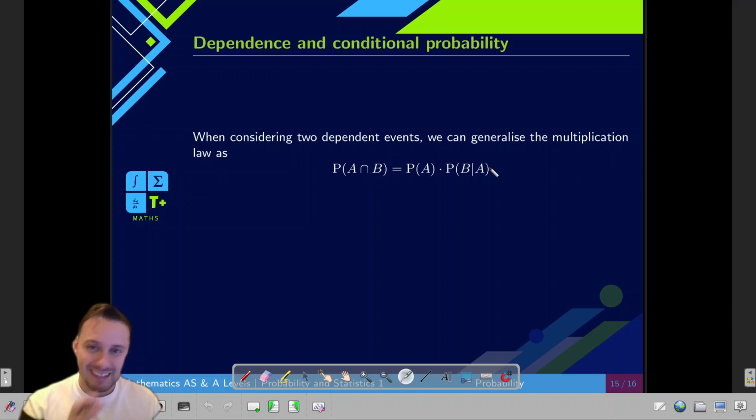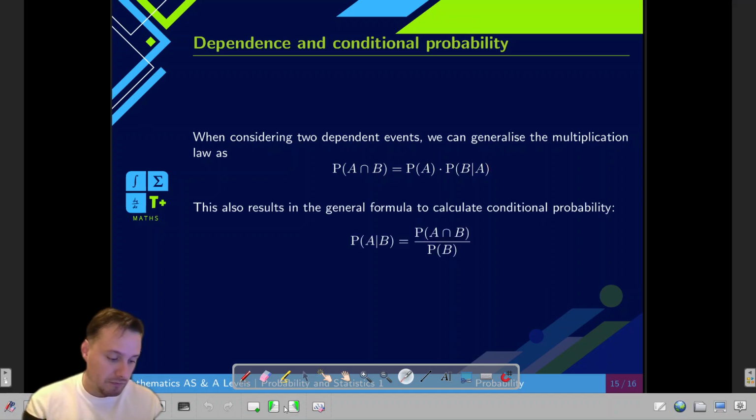From here we get this other very interesting property, this very interesting formula. This is the formula for how we calculate conditional probability.